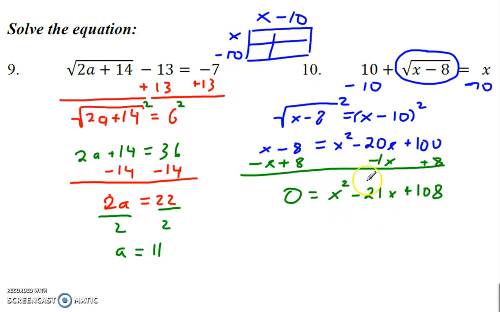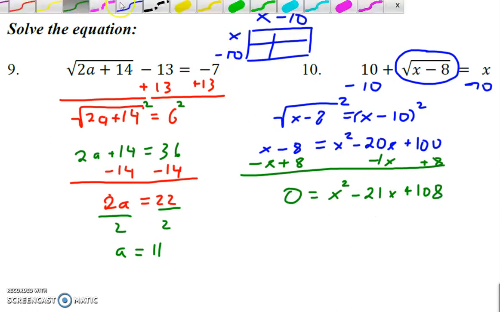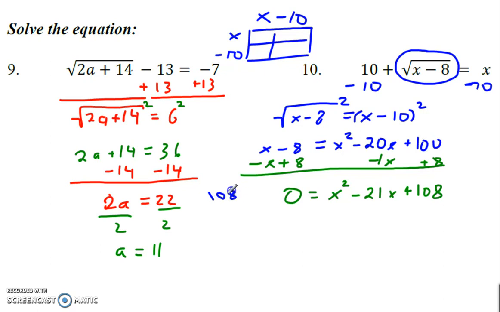And now I'm going to factor this. I have to figure out what numbers multiply to 108 and add to negative 21. Well, 9 and 12 go into 108, and they both have to be negative in order to add to negative 21.